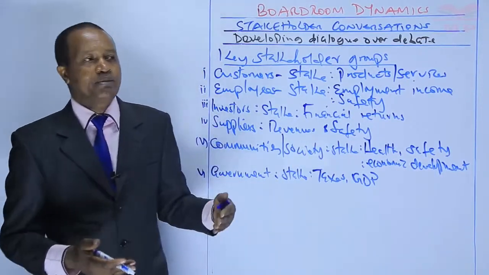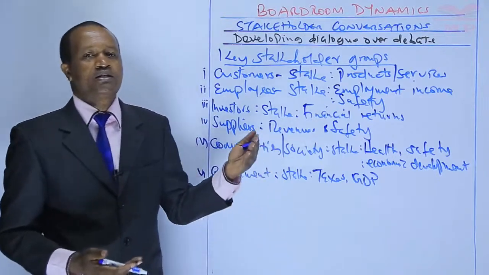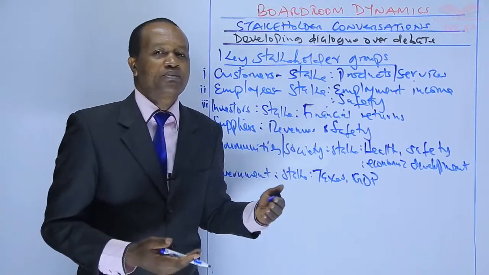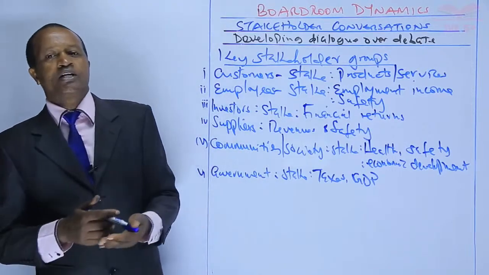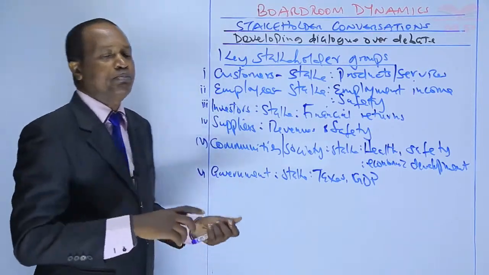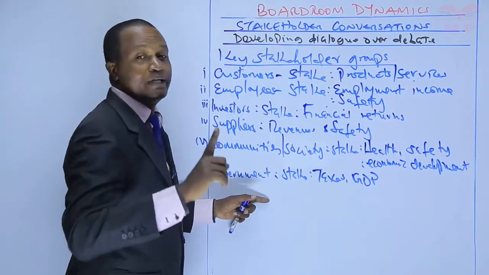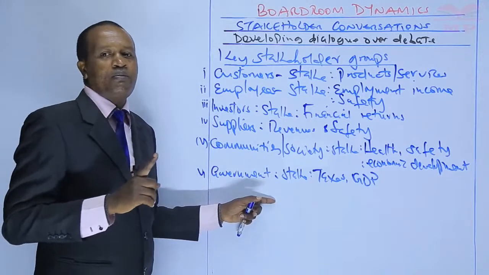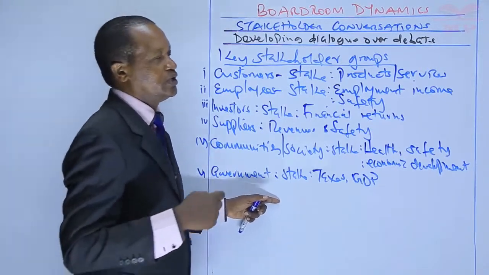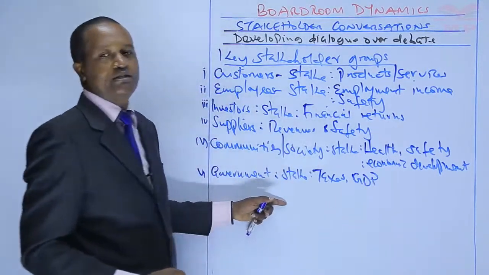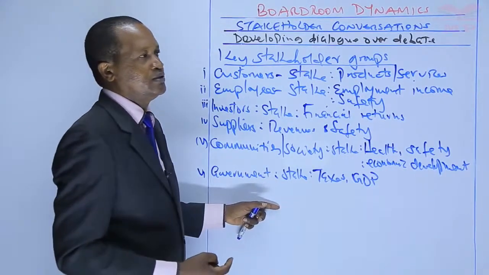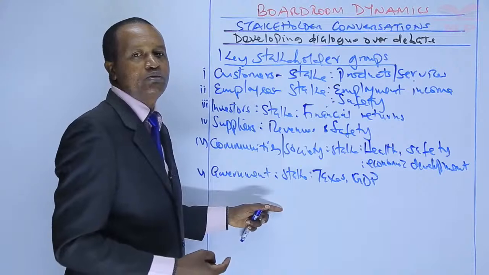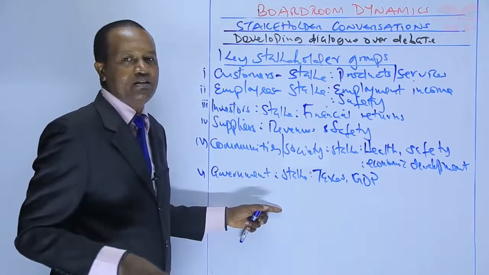Why? Because the government collects taxes from the corporate income of a company, as well as from all the people that the company employs. What is sometimes referred to as the payroll taxes, right? It may also be from other spending of the company.